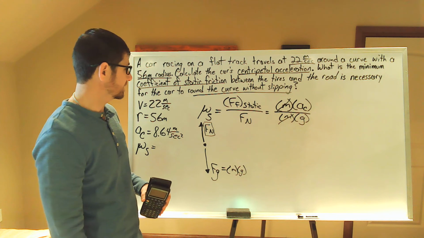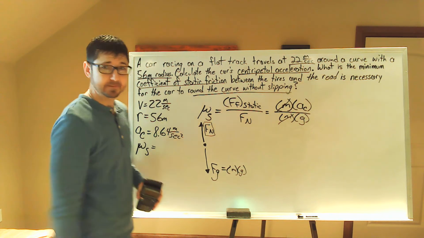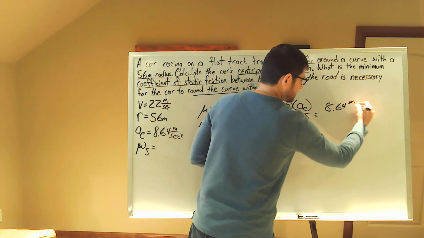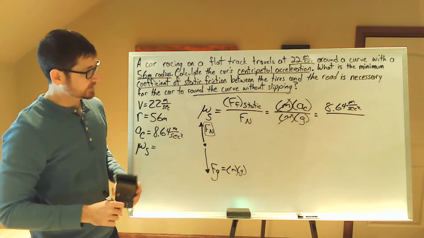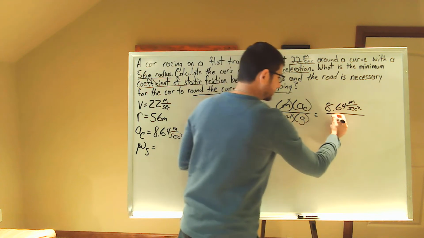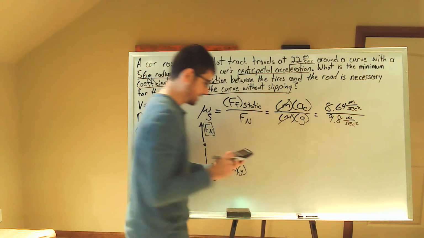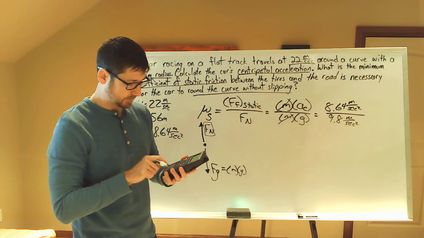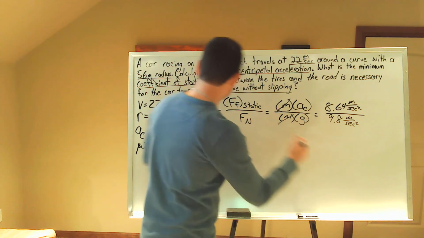My centripetal acceleration, once again using our calculated value, is 8.64 meters per second squared, and we're dividing this by the acceleration due to gravity, but remember, the vector points up, so 9.8 meters per second squared. So 8.64 divided by 9.8, we know the value will be less than 1.